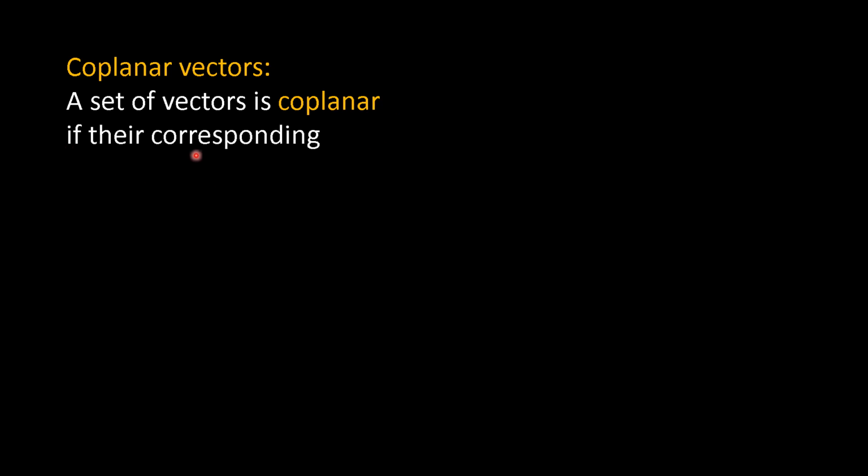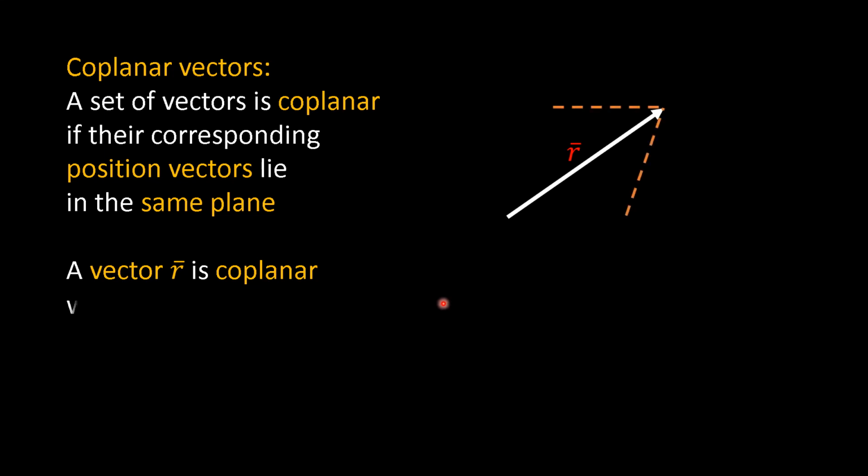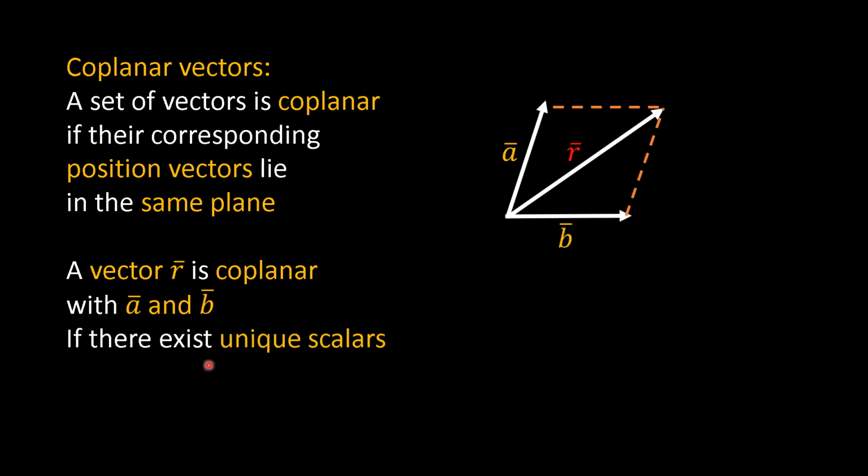What are coplanar vectors? A set of vectors is coplanar if their corresponding position vectors lie in the same plane. A vector r bar is coplanar with a bar and b bar if there exist unique scalars m and n such that r bar equals m a bar plus n b bar.